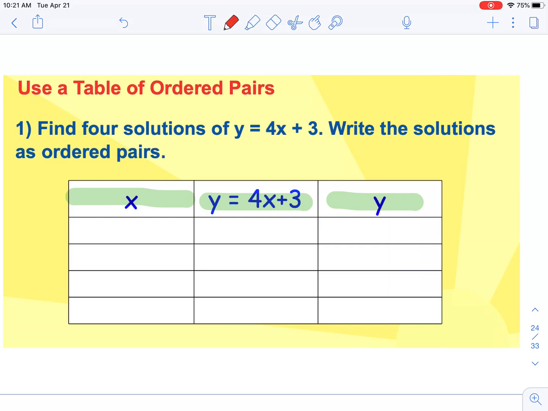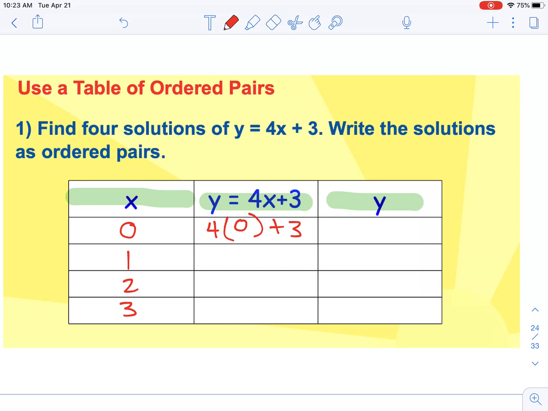What we're going to do is plug in any values that we want for x. I like to just start with 0, 1, 2, and 3. Really, you can pick any numbers. Then we plug in those x values and solve for y. So here we have 4 times, and our x is 0, plus 3.